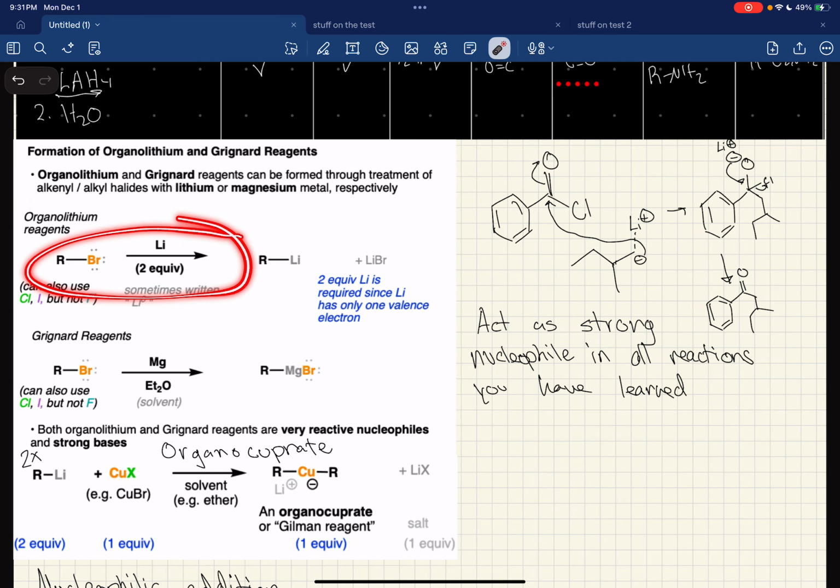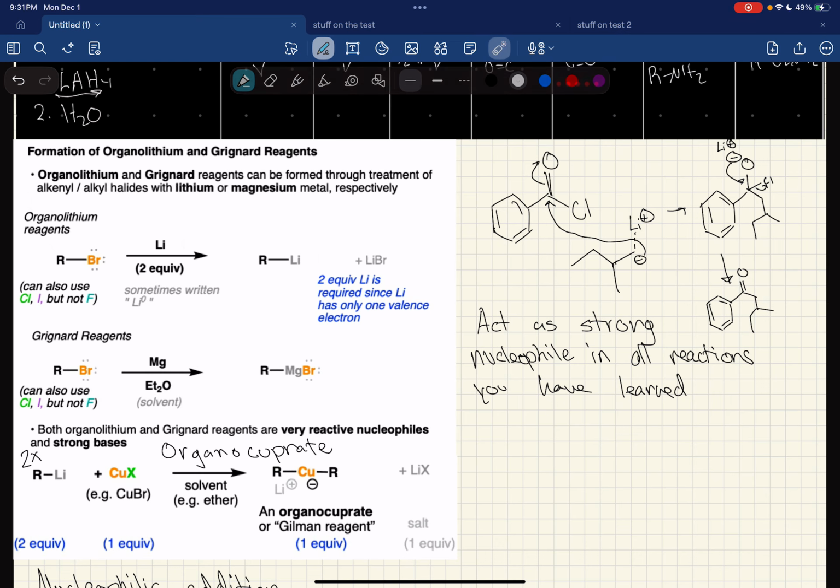It's just taking, what is that called? I don't know, an alkane with the halogen, and converting it to this really strong negatively charged alkane that will act as a nucleophile.